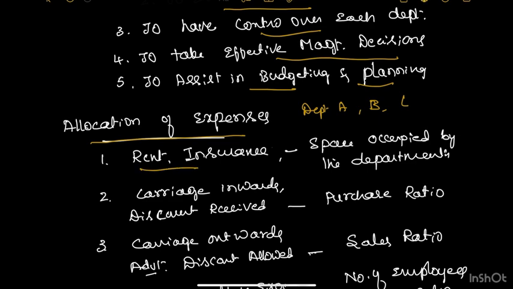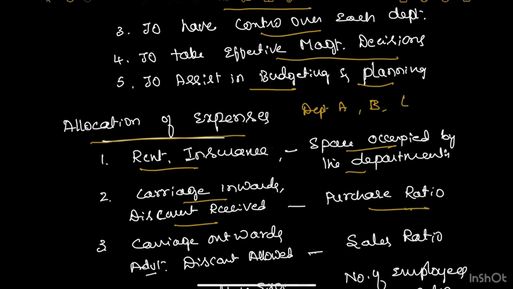Let us see. Rent and insurance are divided based on the space occupied by each department. There are certain expenses like carriage inwards and discount received. These are expenses related to purchases, so we consider the purchases of each department, calculate the ratio, and divide such expenses.